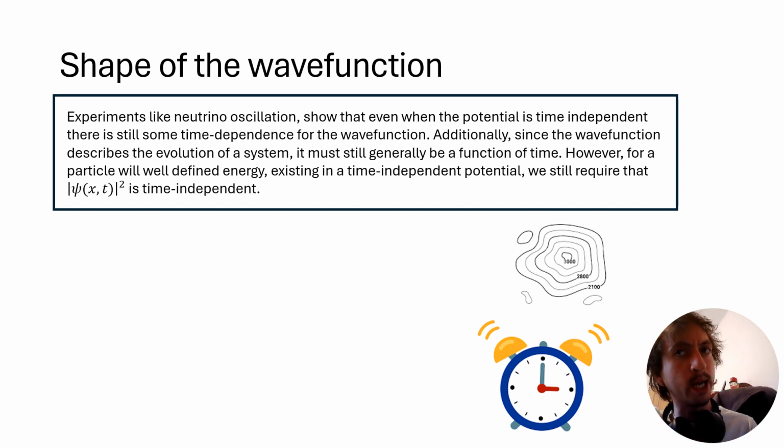When I say shape, I really mean if we draw a contour map with each contour line showing regions in space where the magnitude of our wave function has a fixed value, then this contour map won't start changing. So the amplitude or the magnitude of our wave function won't vary with time.